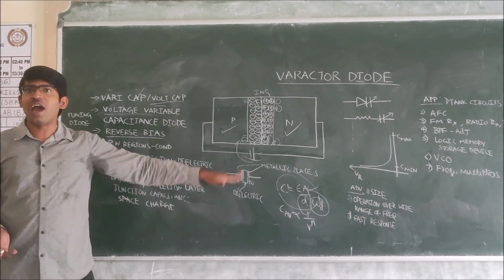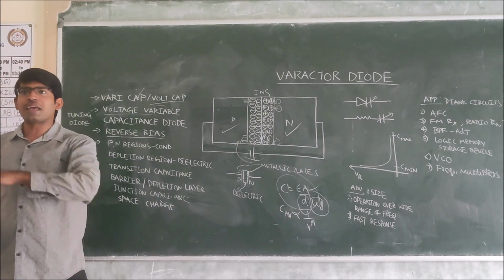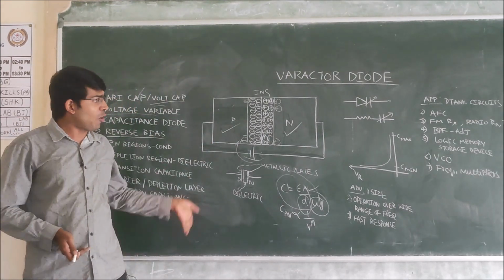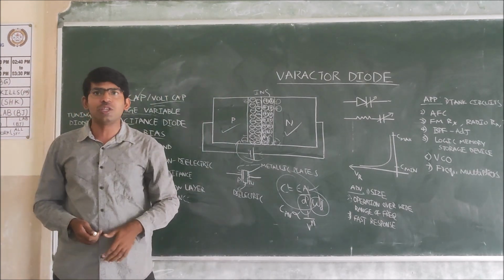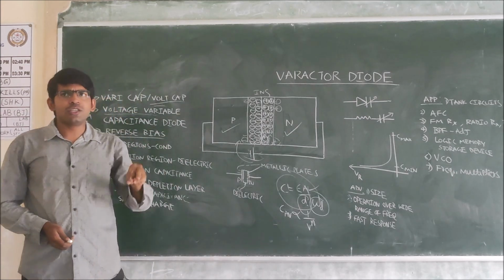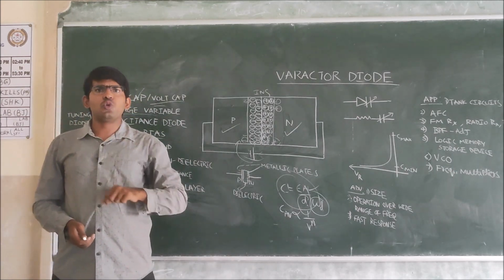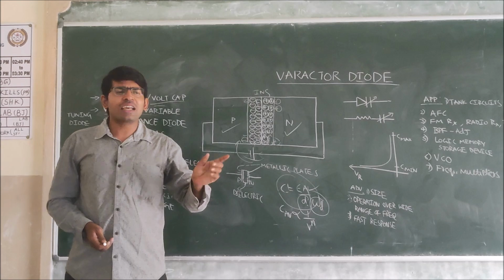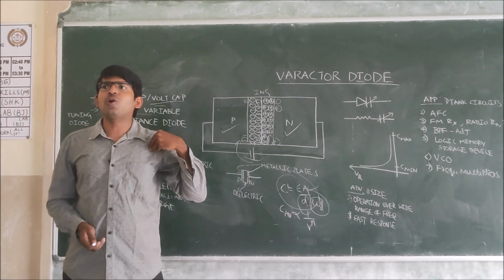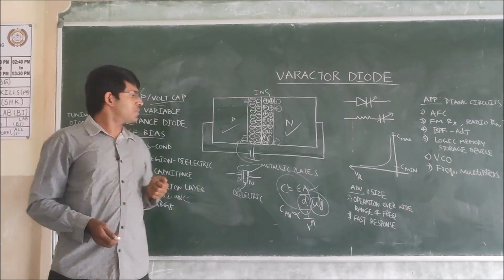We can proudly say we have replicated the capacitor. We have made the capacitor by using the semiconductor diode. So there is no need for us now to use the conventional capacitor. We can use even our semiconductor diode as a capacitor.